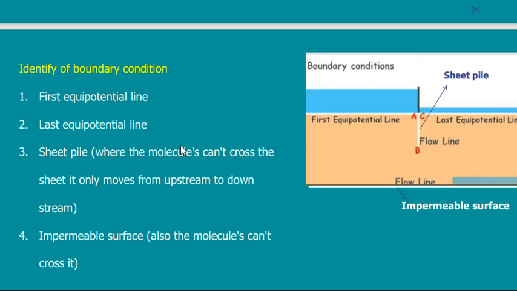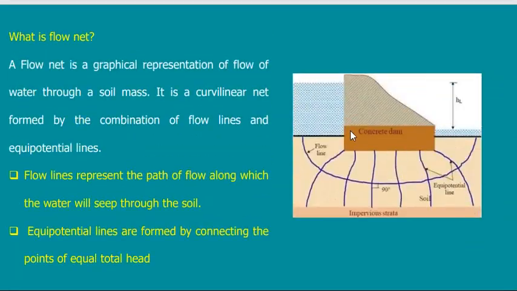Sheet pile, where the water cannot cross the sheet pile, it means that it moves upstream and downstream. If I have here a structure, either it is a sheet pile wall, or it may be something like this. Something like this, it's a concrete. What will happen is that my first flow line, can you concentrate on this? My first flow line here, where is my first flow line?